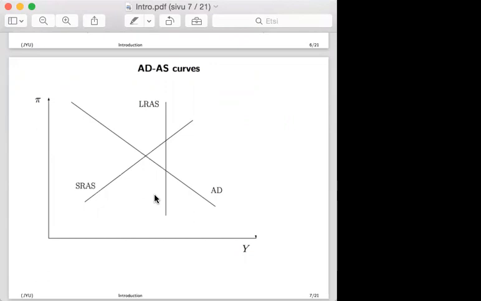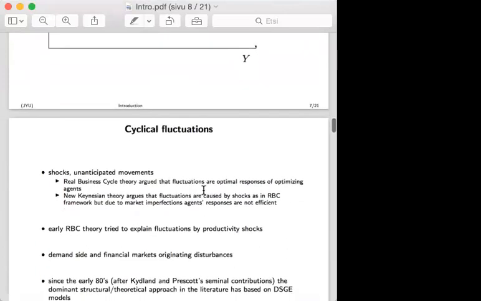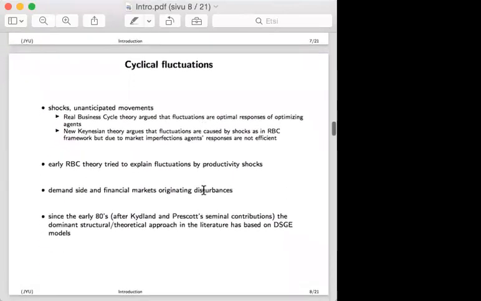But with this kind of approach, one cannot really give any quantitative answers on cyclical fluctuations, only get the intuition or some principles. That's why we need to have some other kind of tools for deeper analysis.